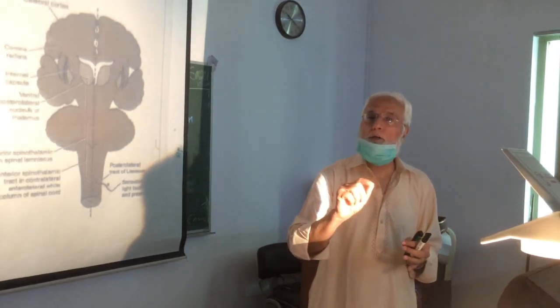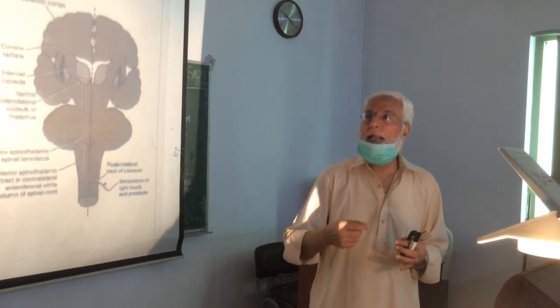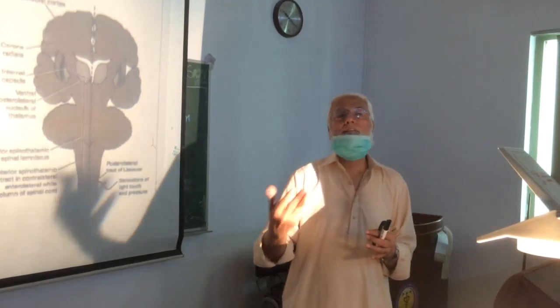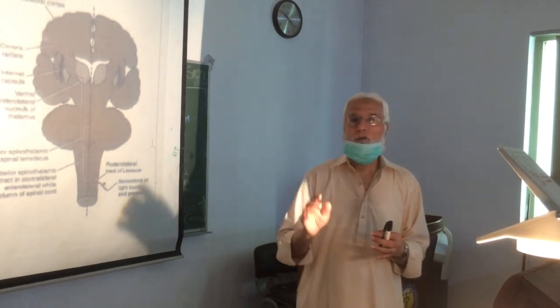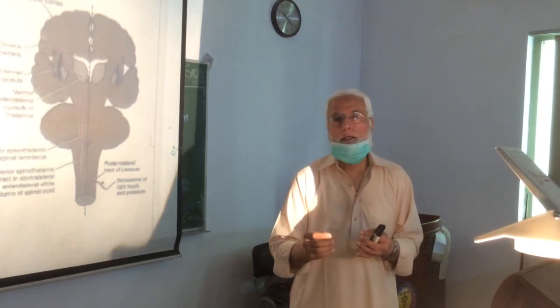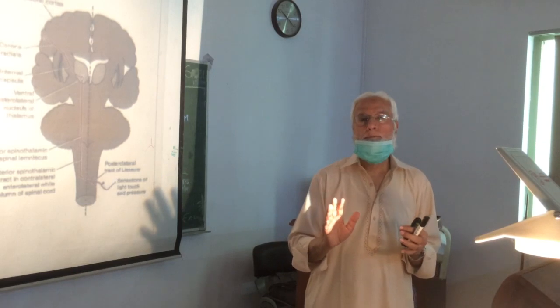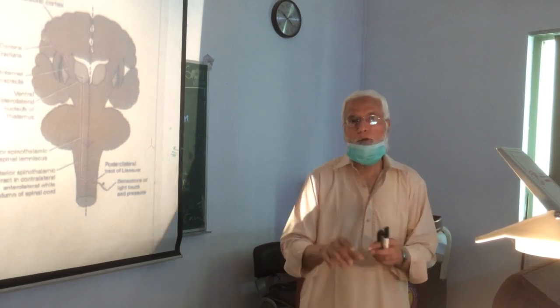Some slow pain fibers go to the midline and intralaminar nuclei of the thalamus. So these don't go to VPL, the ventral posterolateral nucleus.